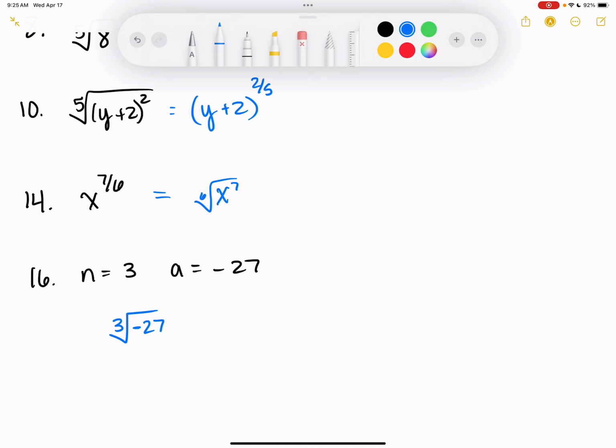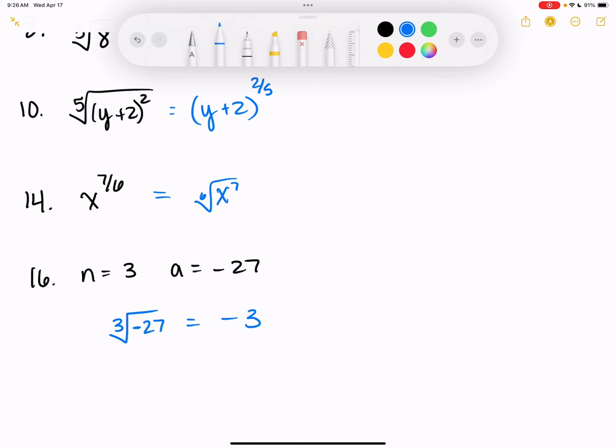Anybody know what the cube root of negative 27 is? Negative 3.